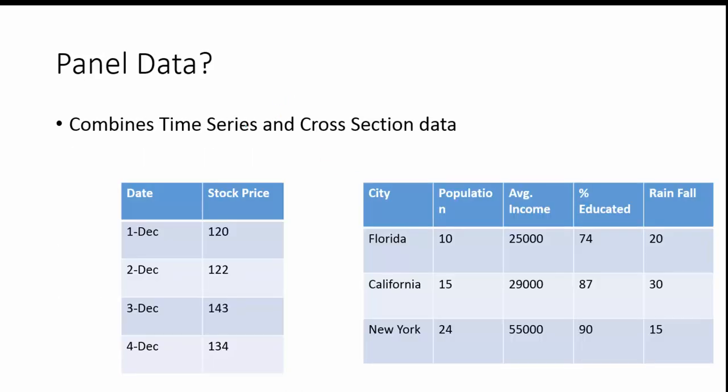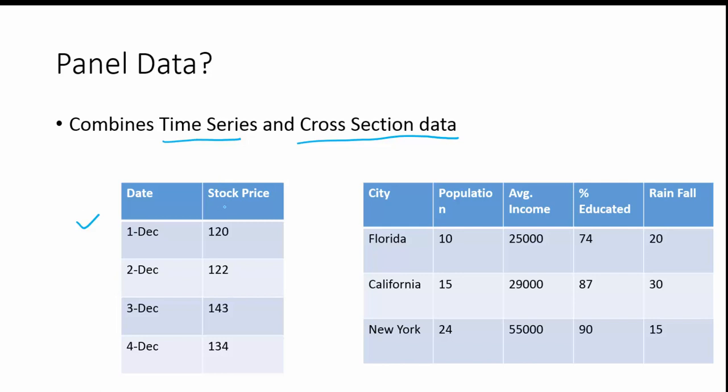You might have heard about time series data and cross-section data. So let me give examples of time series data and cross-section data. The time series data looks like this. You have got the stock price of a particular stock over a period of time, continuous period of time.